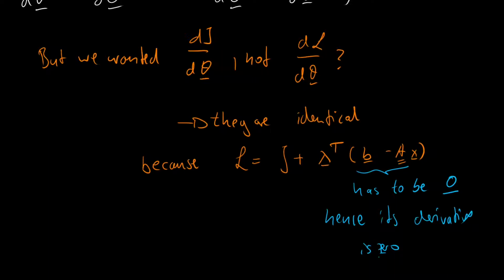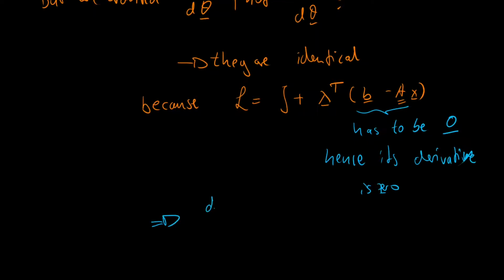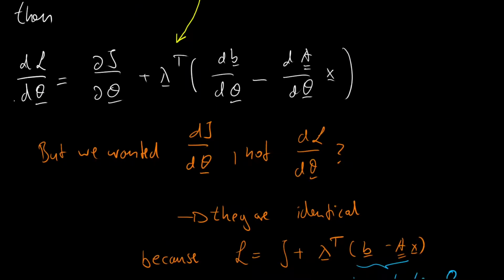So when a function is 0 everywhere, then its derivative is also 0 everywhere. And by this, we can say that dL by d theta is equal to dJ by d theta. So then we have that total L by total theta is total J by total theta. And so whenever we evaluate the derivative of a Lagrangian, we also have the derivative of the target function.